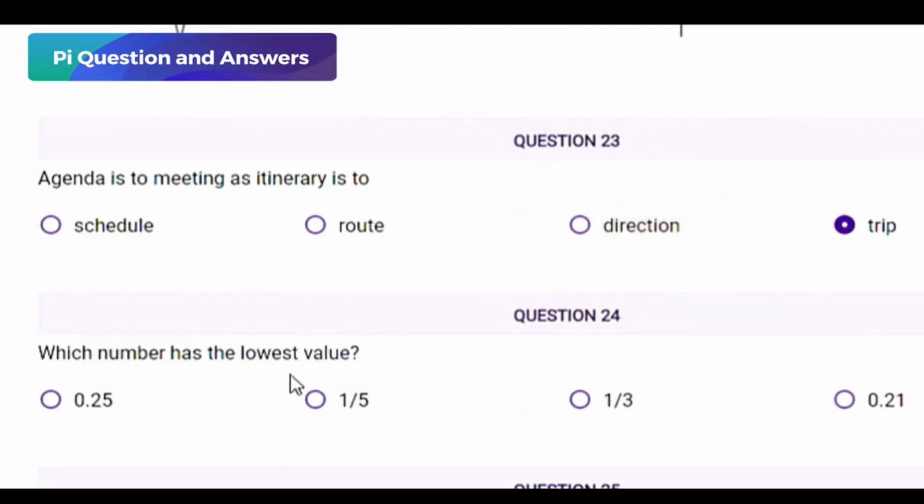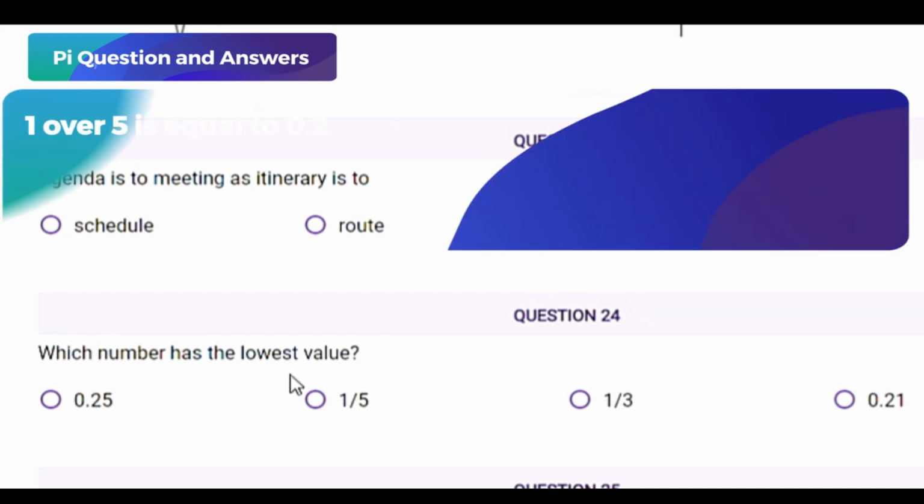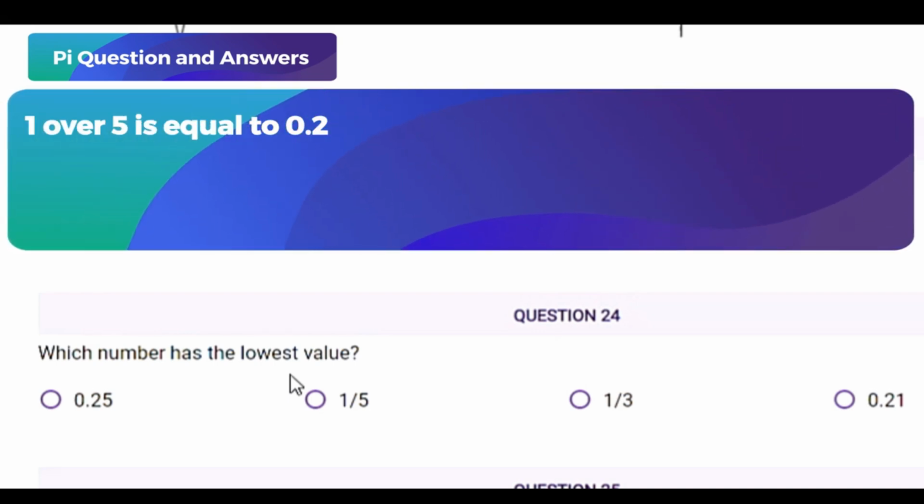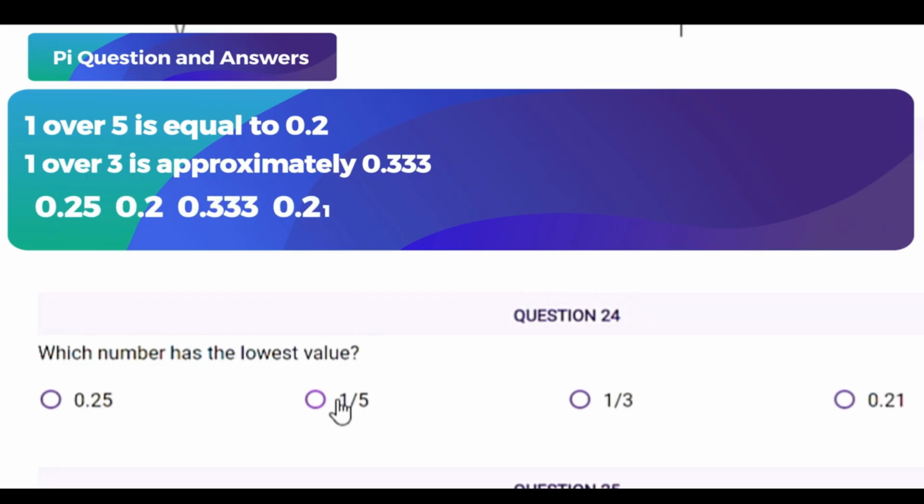Explanation of the correct answer: let's convert the fractions into decimals to compare easily. 1/5 is equal to 0.2. 1/3 is approximately 0.333. Now, compare all the decimals. 0.25, 0.2, 0.333, 0.21.